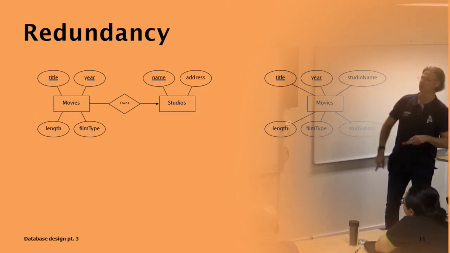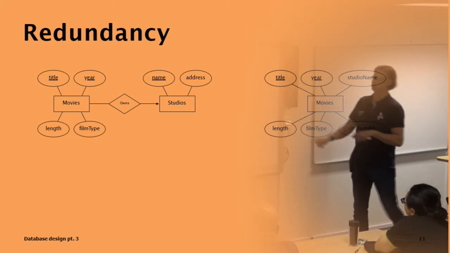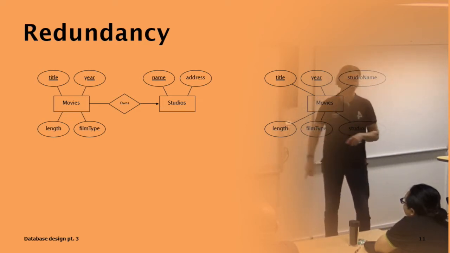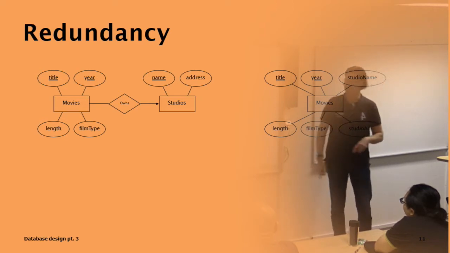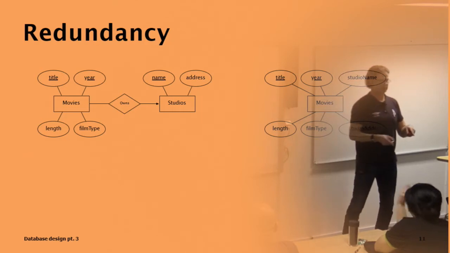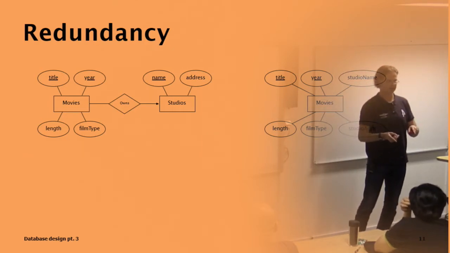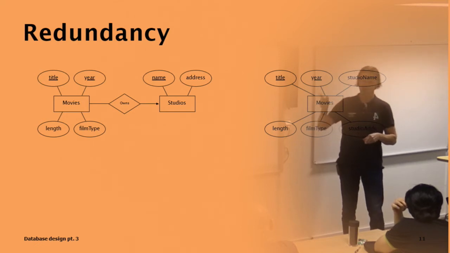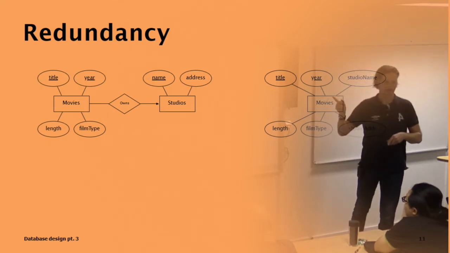But if you move over to the right one, where you have just one entity called movies, and there you have studio name, and then you also have studio address. So for each new movie that you create, you are also adding the studio's name and address.